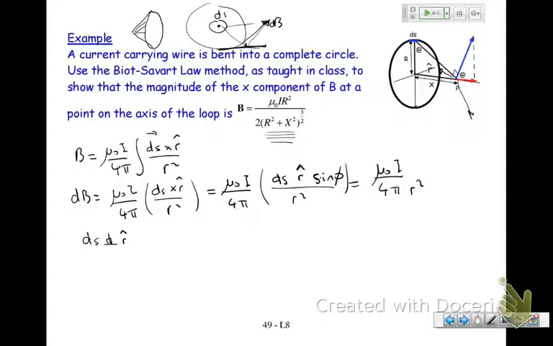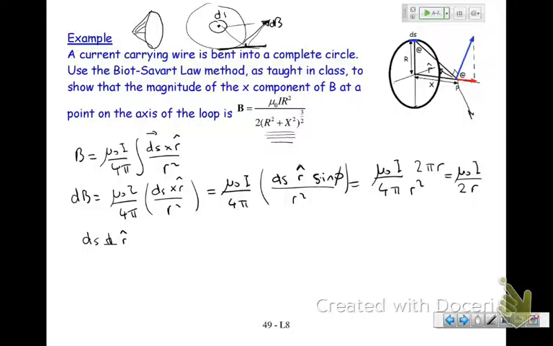And my sine, they're at 90 degrees to each other. The ds integrated around is going to be a circle, so it will be 2 pi r. So this would be mu naught I over 2r.